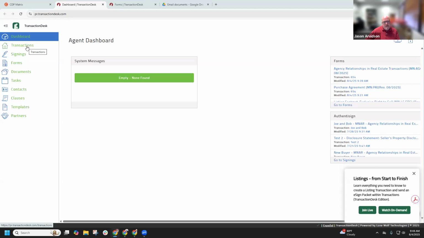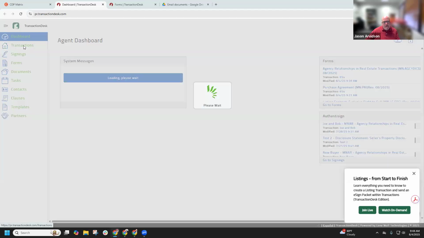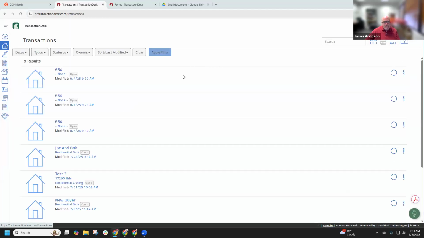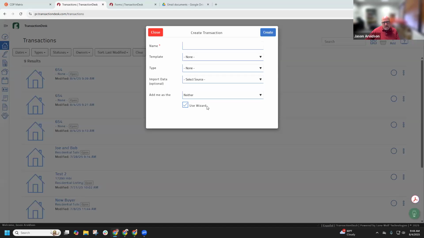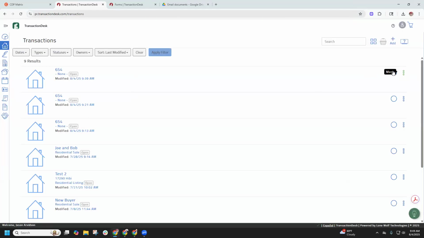If you're actually going to engage in a transaction with a client, as opposed to my own review, you're going to do transactions, add a new one, name it, and use the wizard based on the various templates. Is it a buyer? Is it listing? Or is it a purchase agreement? If you use the wizard, it will pull all the forms you need for you. Great, thank you. You bet.